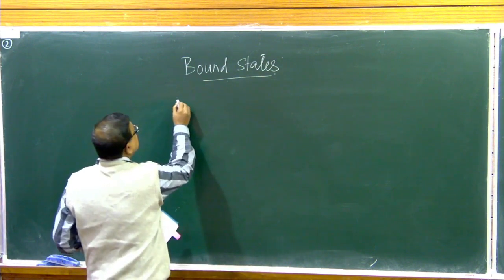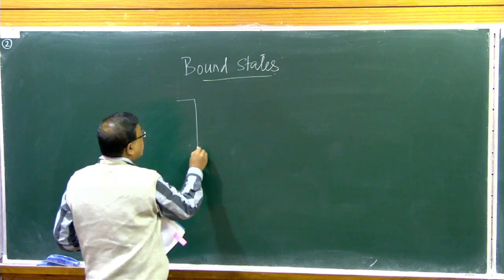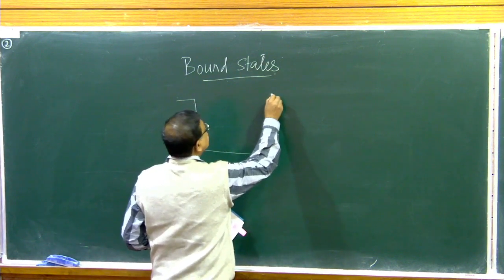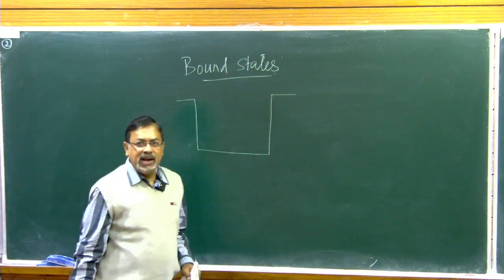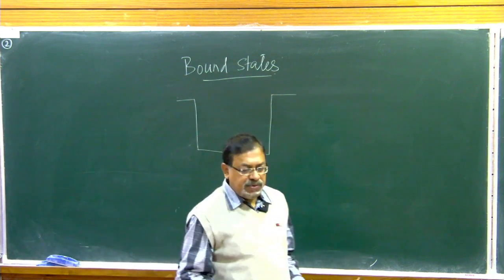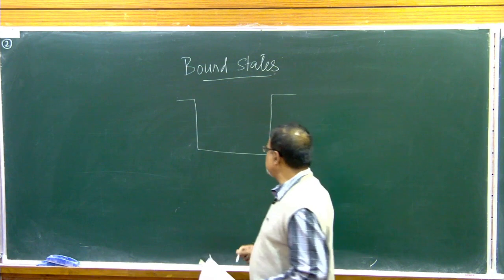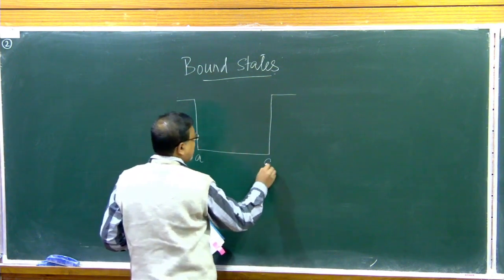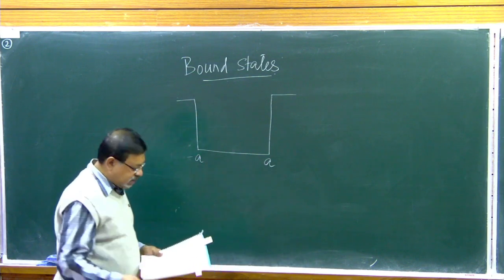Okay. So, let us take a very simple potential. The potential is of this kind. It is called a potential well, as opposed to an infinite potential well where the particle was free. Here we are talking about a potential well which extends, say, from minus A to plus A. You can call it L also, it does not matter.